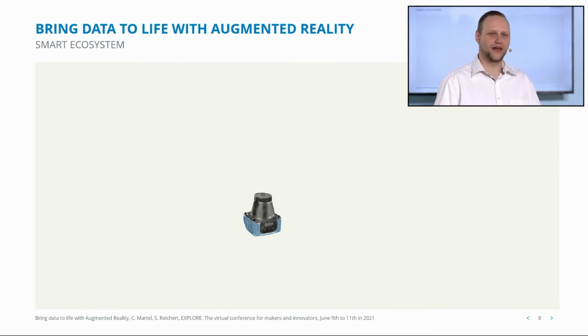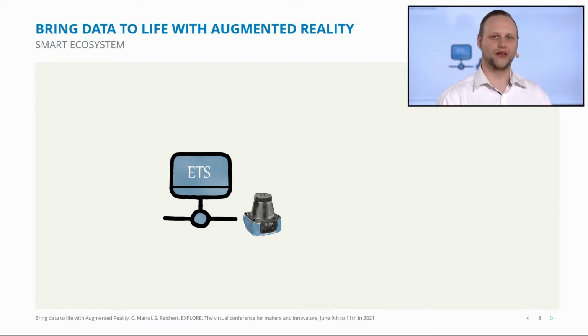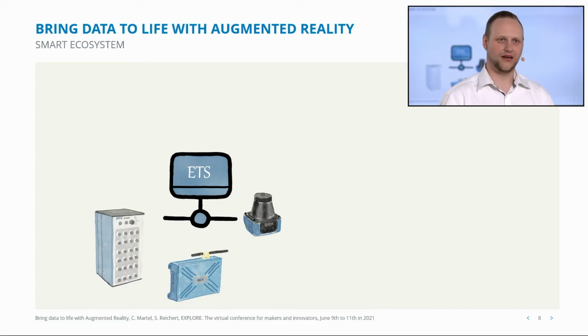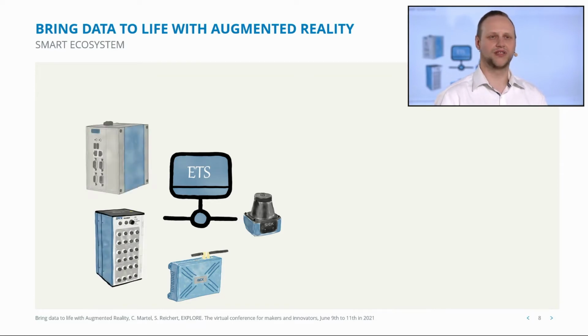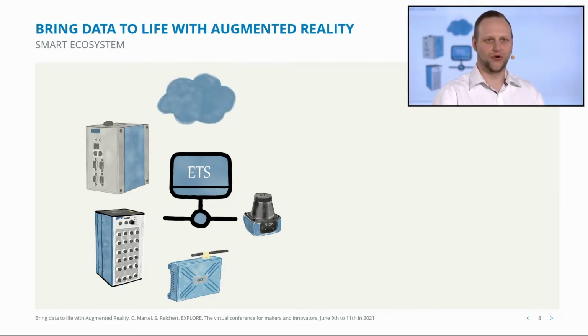Then the next thing is we need a kind of middleware. We call it ETS, which stands for Embedded Tooling Services. And this is why we've designed it to really embed it right into your application context. It can run, for example, on a TDCE, on a SIM, on an IPC, in your customer IT, for example, on a server, in the virtual machine, and also in the cloud, so anywhere you want it.